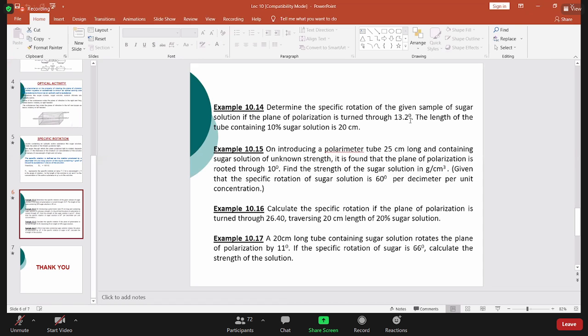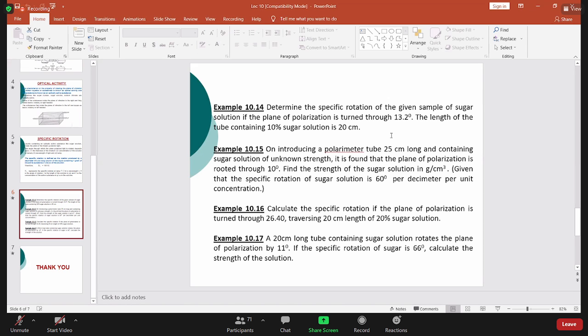Angle. Theta. Okay. Then L, the length of the tube containing 10% sugar solution, is 20 centimeter. So the value of L is 20 centimeter. And C? 10%, which we have to convert, so 10 divided by 100, that is 0.1 gram per cc.